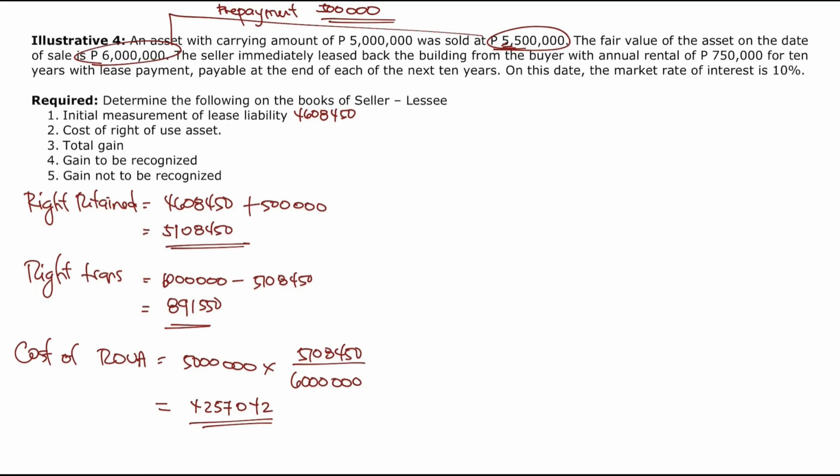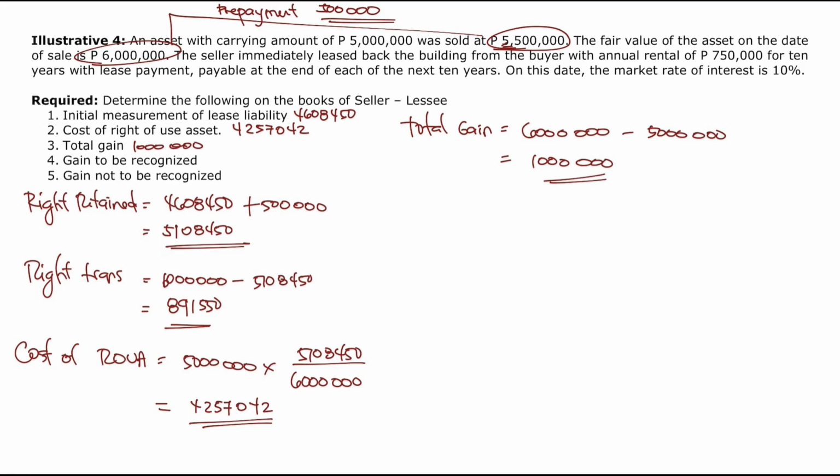So, final answer, requirement number 2 is 4,257,042. Requirement 3, total gain. Magkano total gain natin? Total gain will be equal to the difference between the fair value of 6 million pesos minus the carrying amount of 5 million pesos, or this will still be equal to 1 million pesos. So, requirement 3, 1 million, final answer.